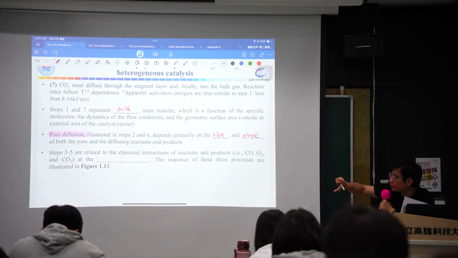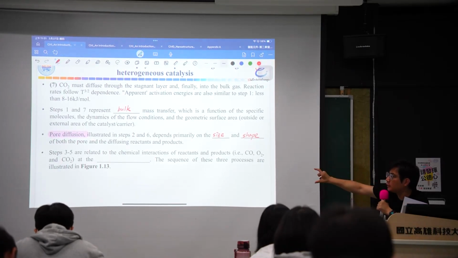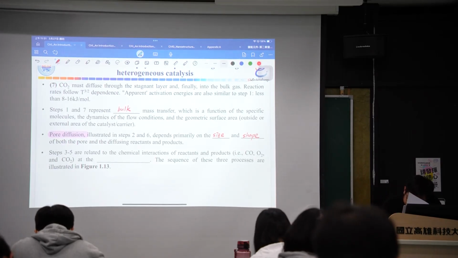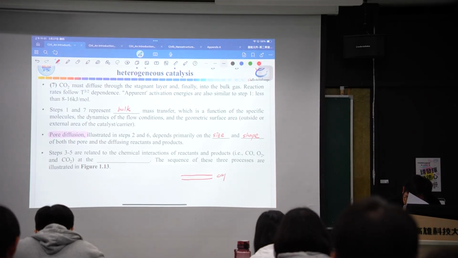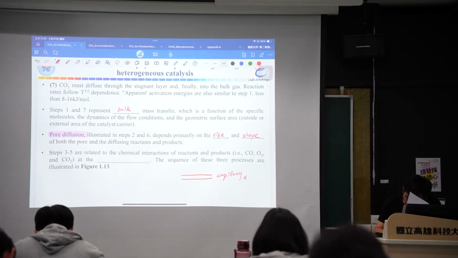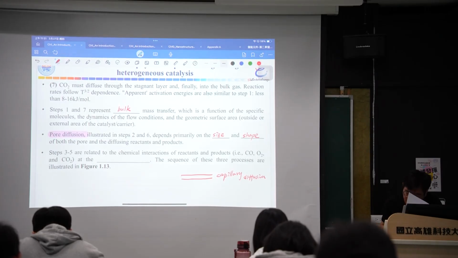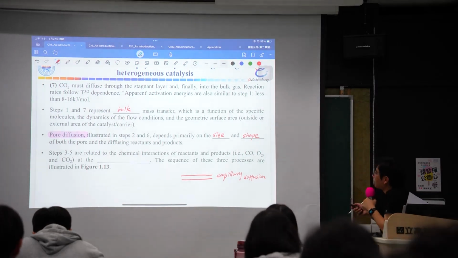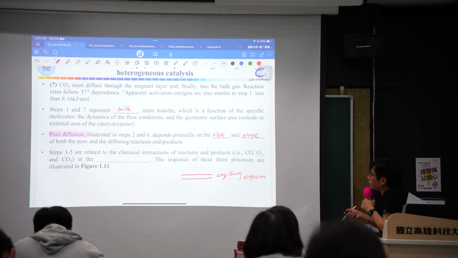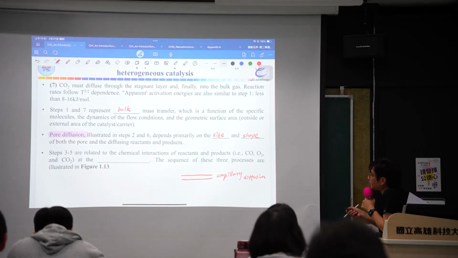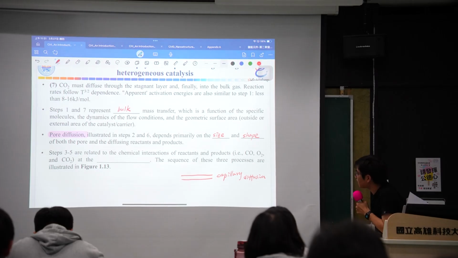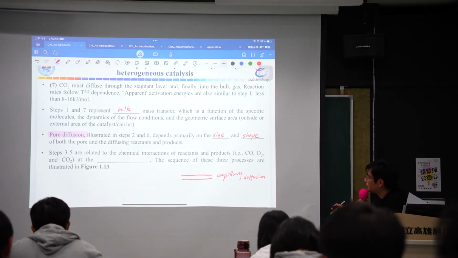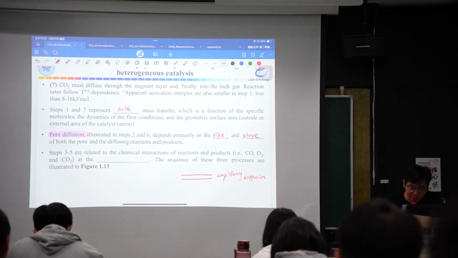[The shape, if you have those winding, curvy pores, this kind of shape, this is called capillary diffusion, remember?] If it is like this, it is called capillary diffusion. Depends primarily on the size and the shape of the pores and the diffusing reactants. And steps 3 to 5 are related to chemical interaction of reactants and products like the catalytic site.